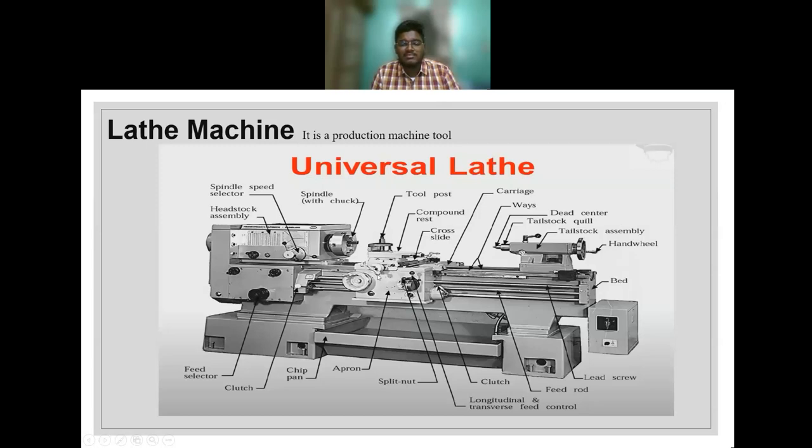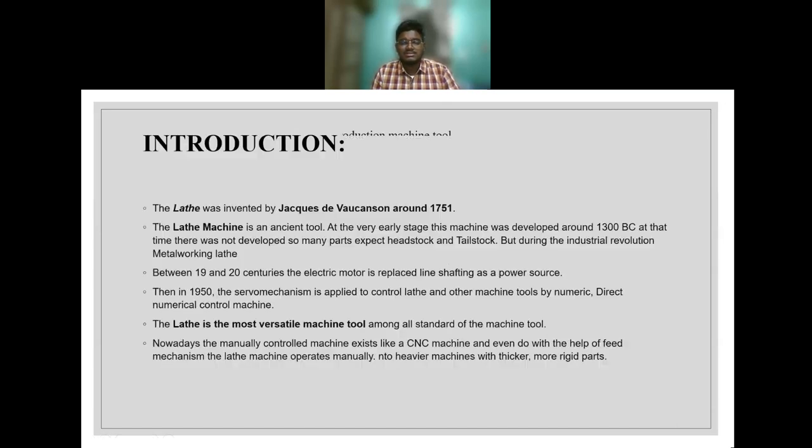This is the apron, on which all the mechanical parts are fitted. Below is the chip pan, which collects the waste material. This whole thing is explained in the next stage.